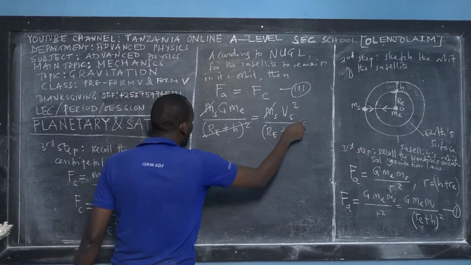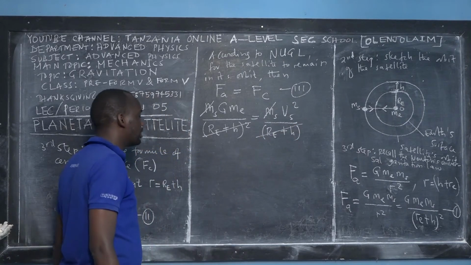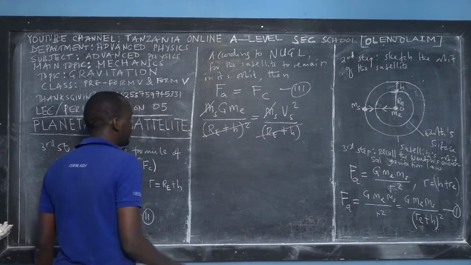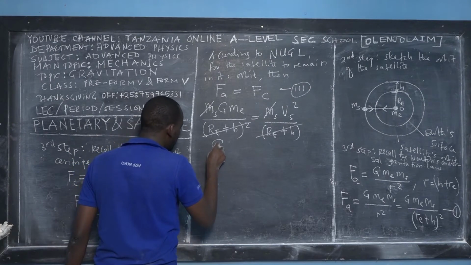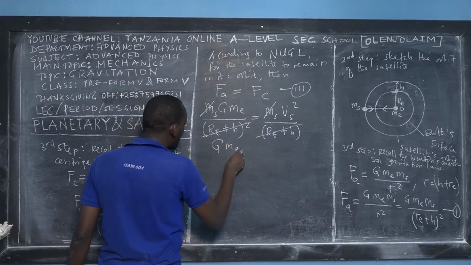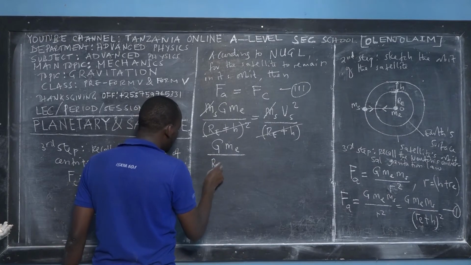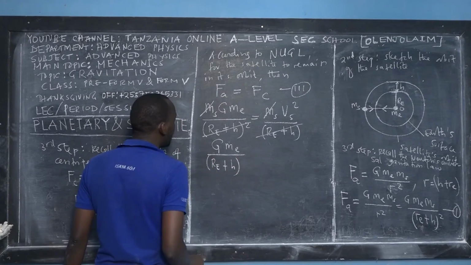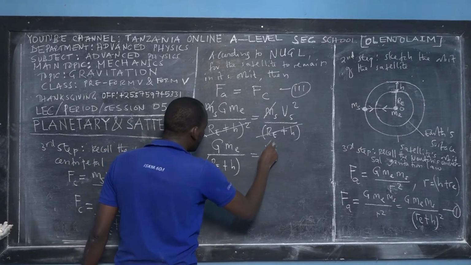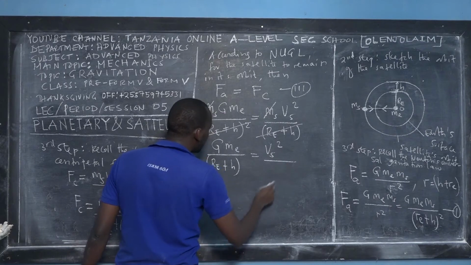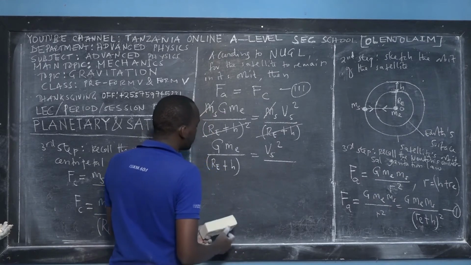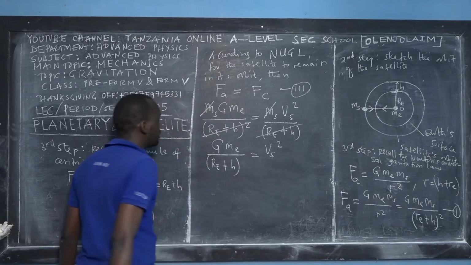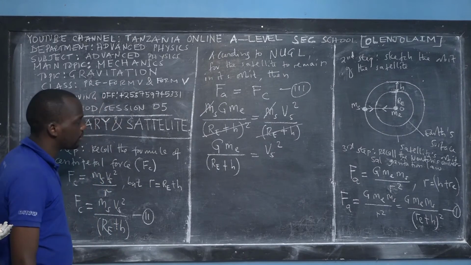We reduce one factor of the radius of the Earth plus the height, and then we get the gravitational constant multiplied by the mass of the Earth divided by the radius of the Earth plus the height, and this is equal to the velocity of the satellite squared.